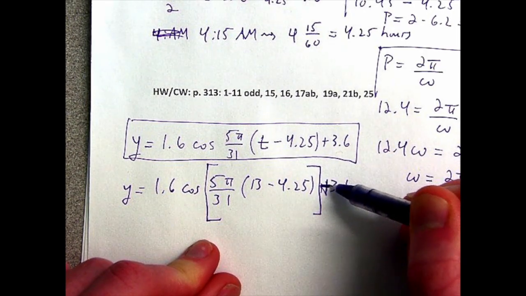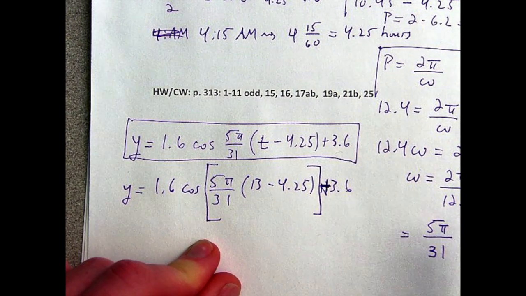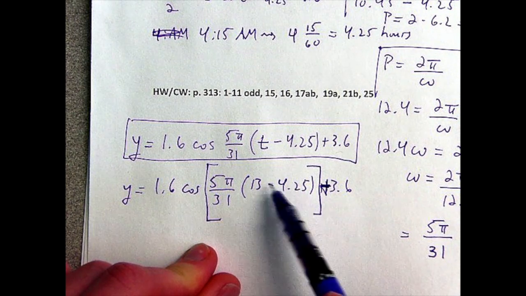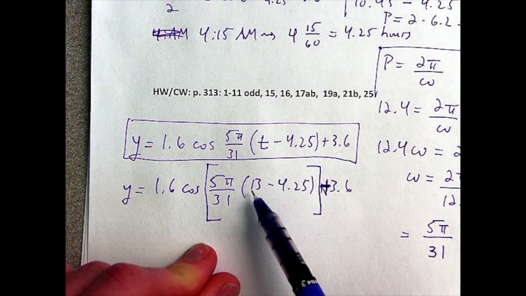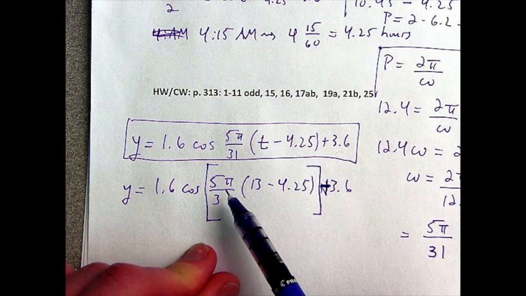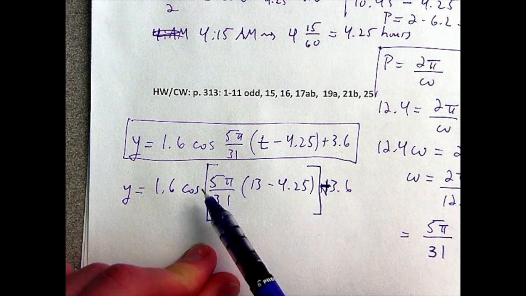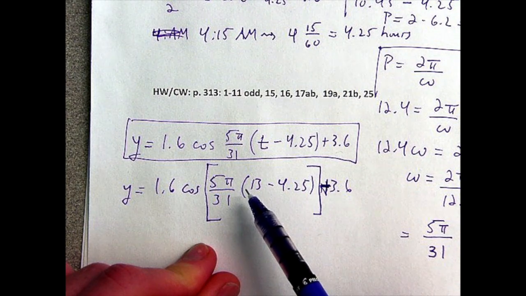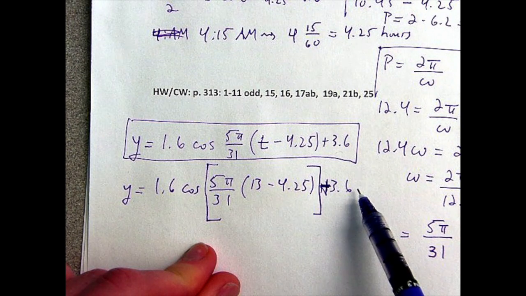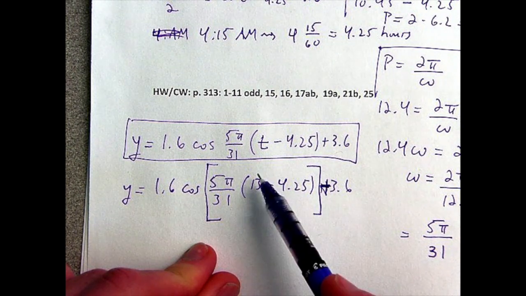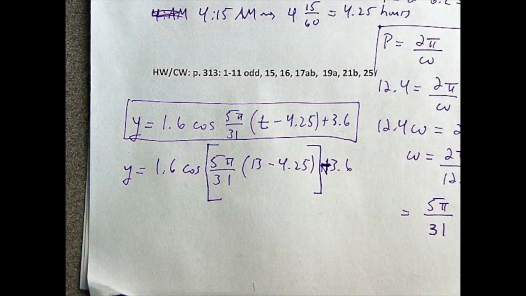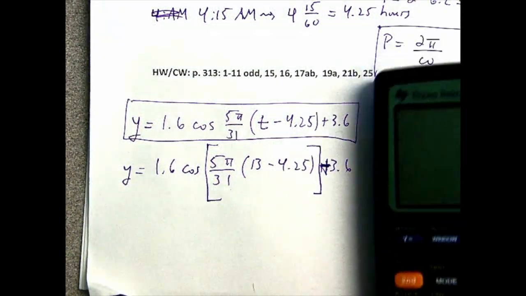So really what is happening is you take the cosine of this entire expression in the brackets. You take 13 minus 4.25, and then you multiply that expression by 5 pi over 31, and you take the cosine of that resulting expression. Then you multiply by 1.6, then you add the 3.6 at the end. Without the brackets, it's somewhat less clear exactly what you're supposed to do. I think it makes the simplification a bit more clear.